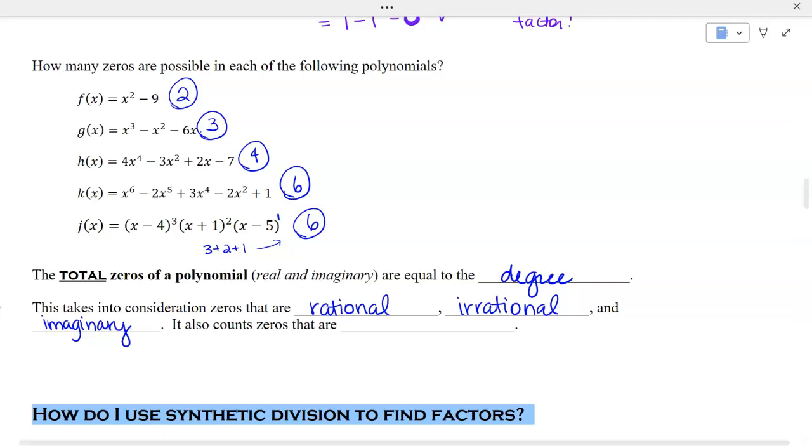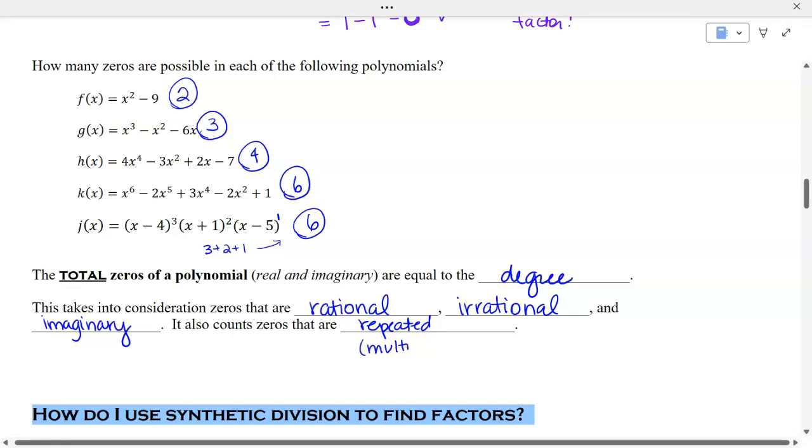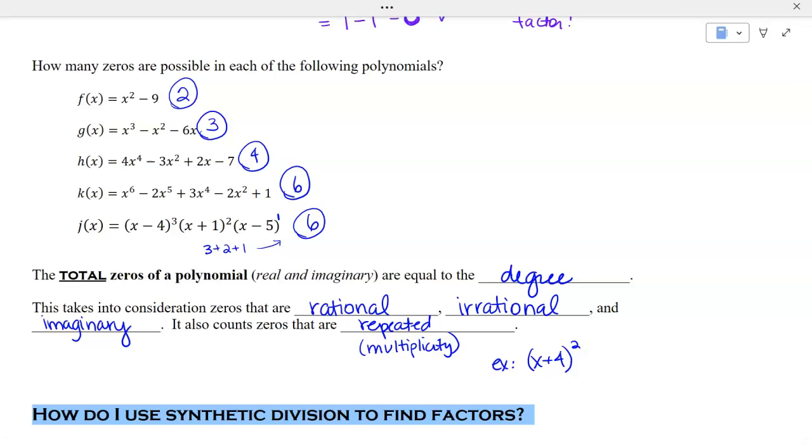The other thing that I want to point out is that this also counts zeros that are repeated. And this is where your multiplicity comes in. Because if you had a factor like x plus 4 squared, this actually counts as a double zero because you have a multiplicity of 2.